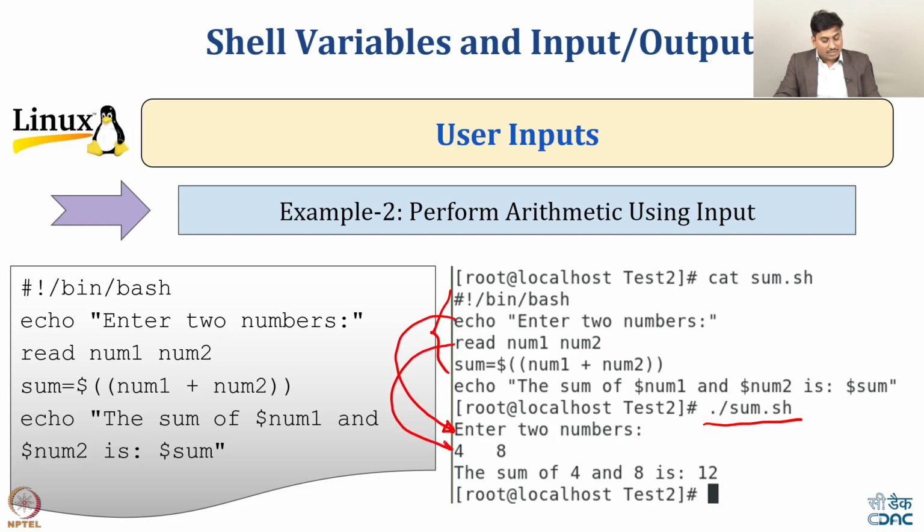When we enter these numbers, they will be assigned to these two variables, and using num1 and num2, the third operation will be carried out and the sum will be printed. Likewise, one can take input from the user and do some processing on those variables or inputs by putting them in variables.